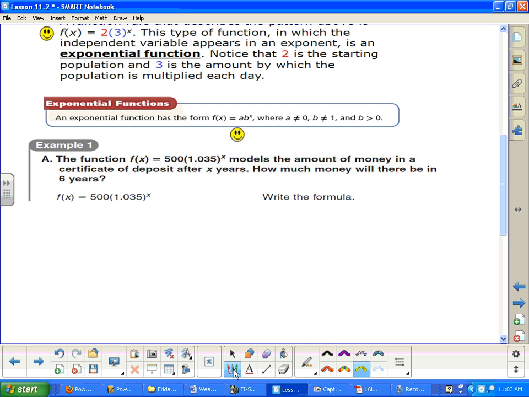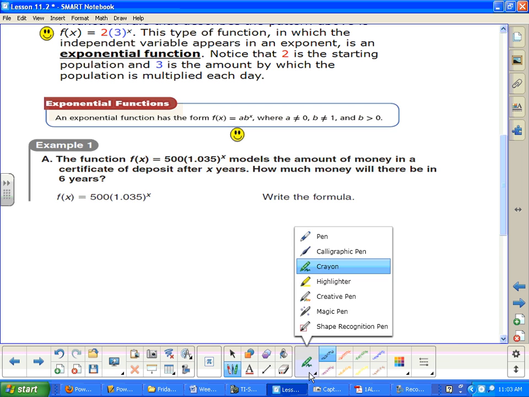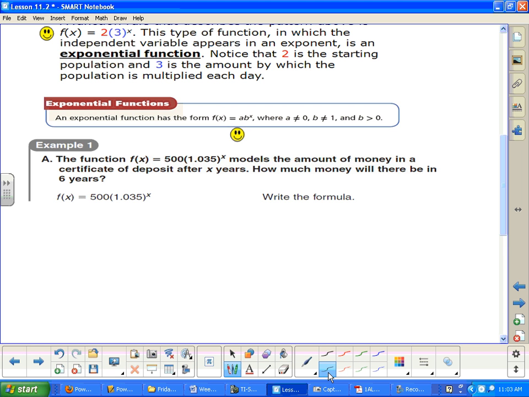So we're finding f of 6 because we're replacing the x with a 6. So we get 500 times 1.035 raised to the power of 6. And that's something you can just type right into your calculator.